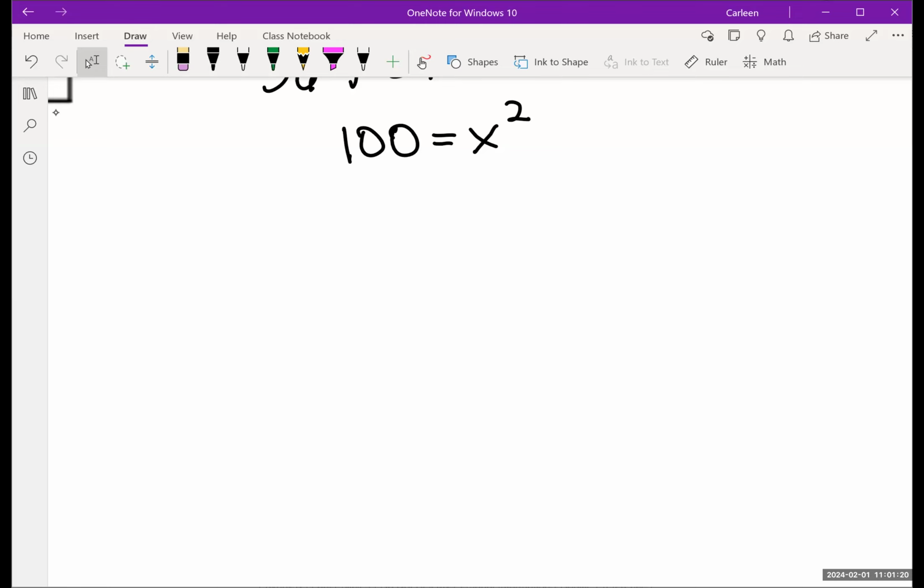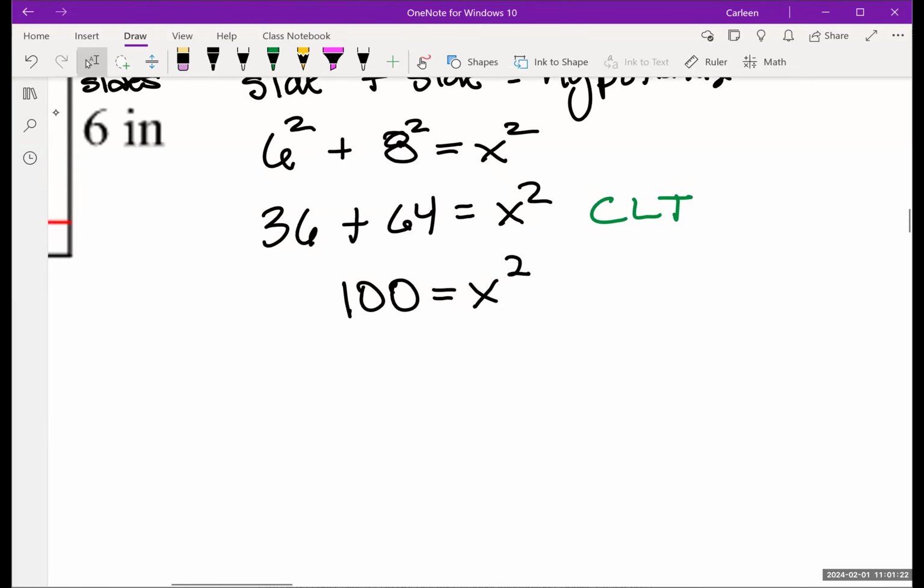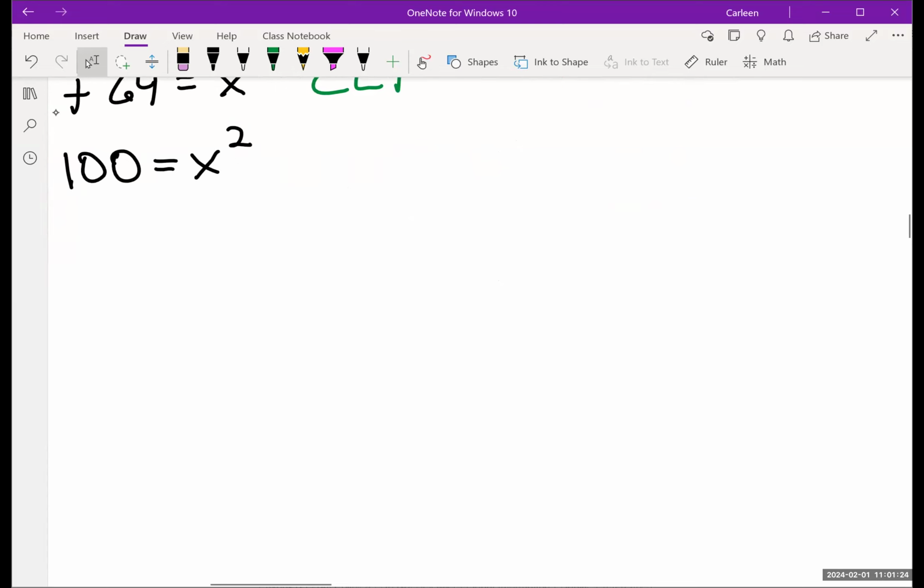So let's look at this. Let's talk about squared. 5 squared goes up to 25, correct? Square root of 25 is how much? 5.